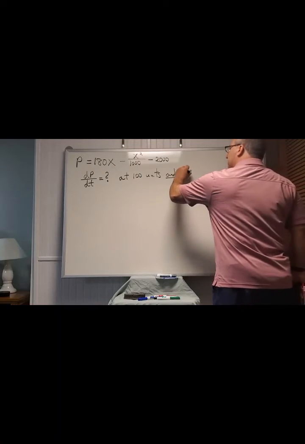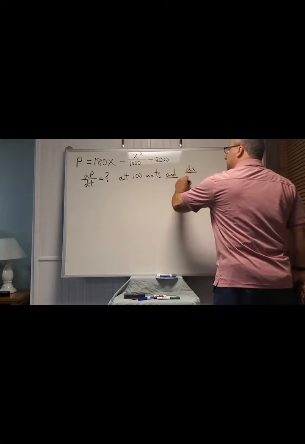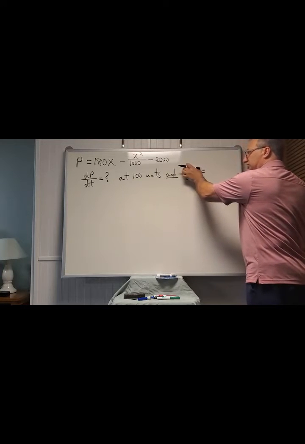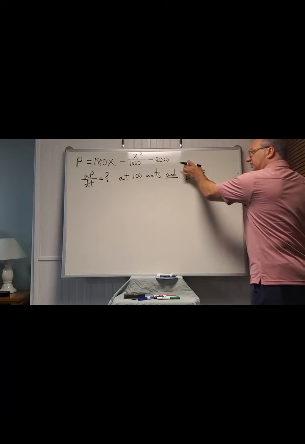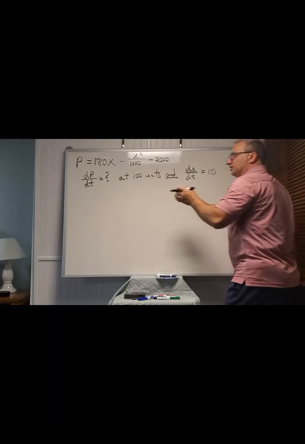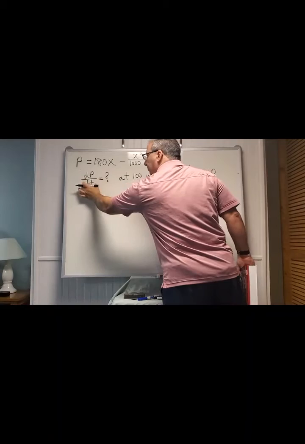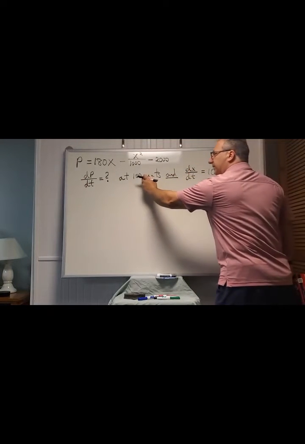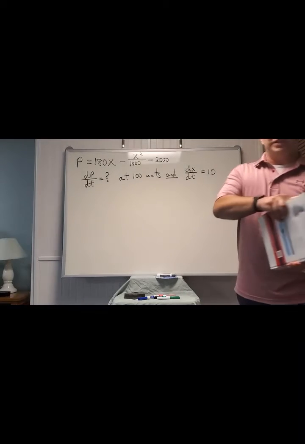So the change in the units per day is 10. We want the change in profit per day. We've got the change in units per day, and we're looking at a particular number of units, 100 units.